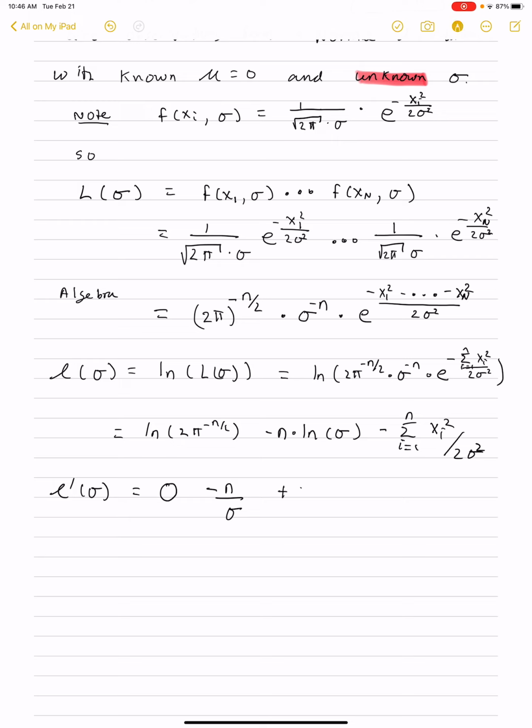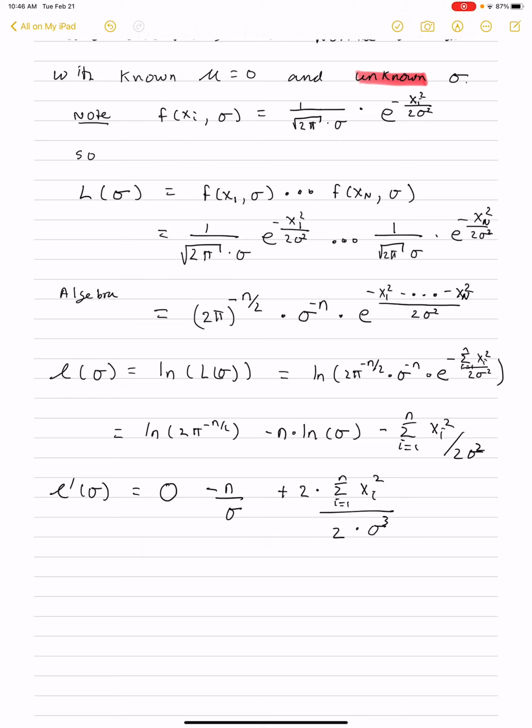So this will be 2 times the summation from i equals 1 to n of xi squared divided by 2 times sigma cubed. The exponent comes down, that's the negative 2. The new exponent is negative 3. And I put it back in the denominator.